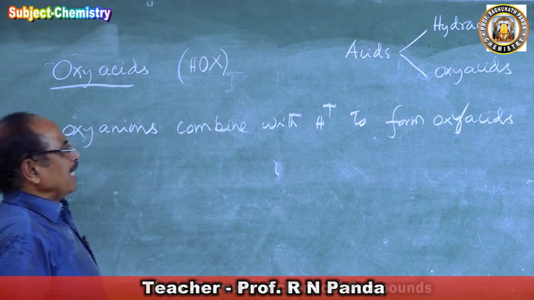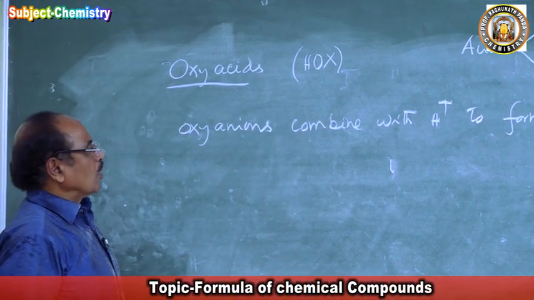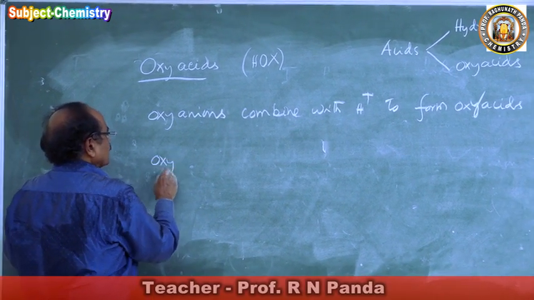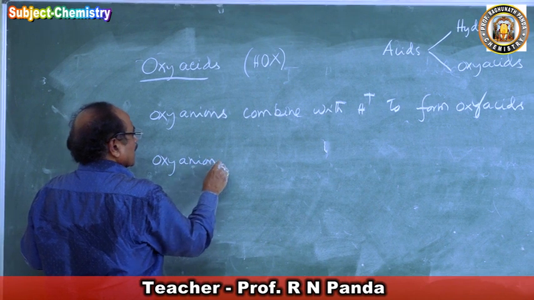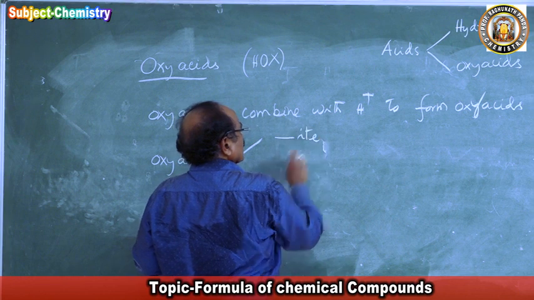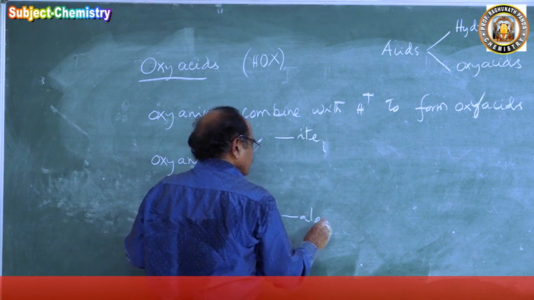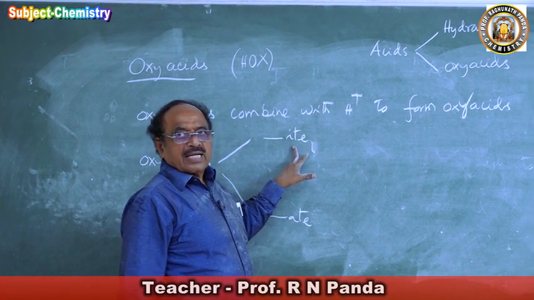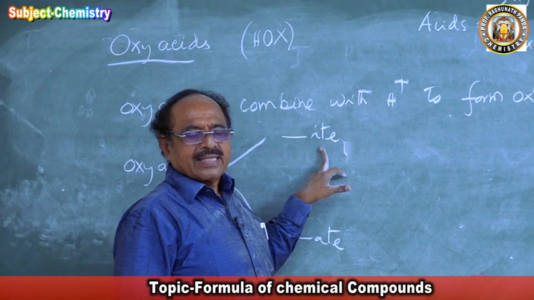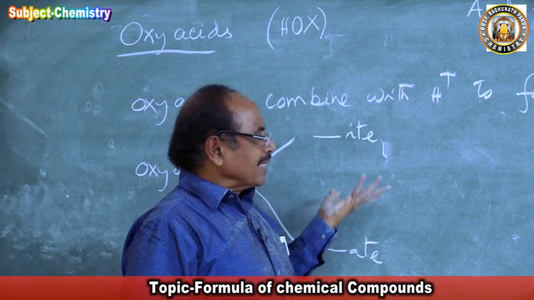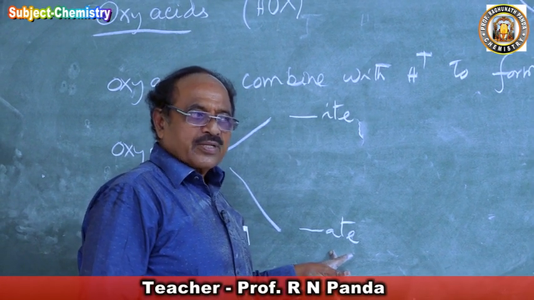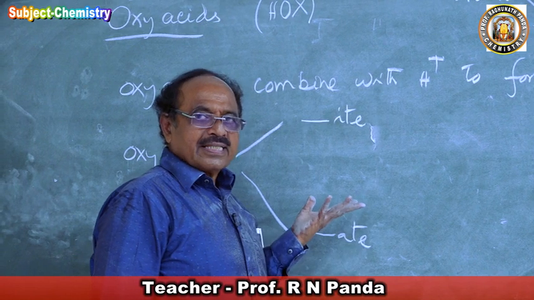We have two types of oxyanions, two types of radicals: ITE radical and ATE radical. ITE radicals are sulfite, nitrite, chlorite, bromite, iodite, hypochlorite, hypobromite, like this. Then ATE radicals: chlorate, perchlorate, nitrate, phosphate, sulfate, like this.